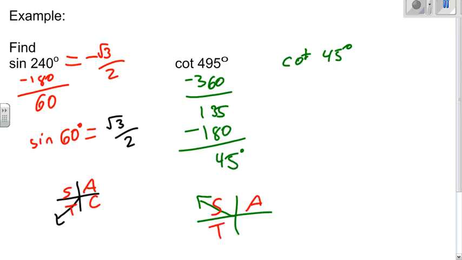Again, we'll use all students take calculus. Sine is positive only, so that means cotangent is negative. And cotangent will be cosine over sine. Since that's 45 degrees, that would be like folding down your ring finger. So it'd be 2 over 2, or just 1. And since it's in quadrant 2, it is negative. So it equals negative 1.